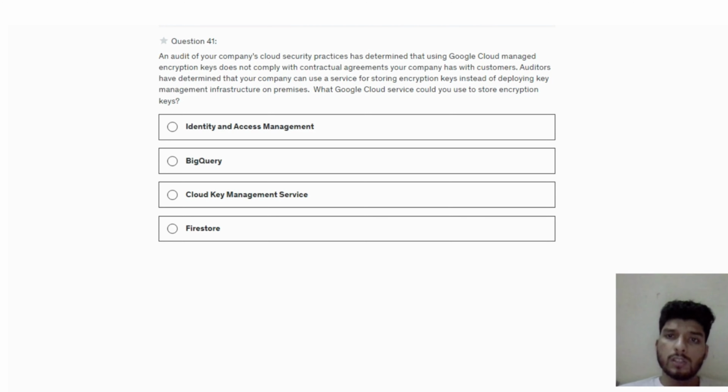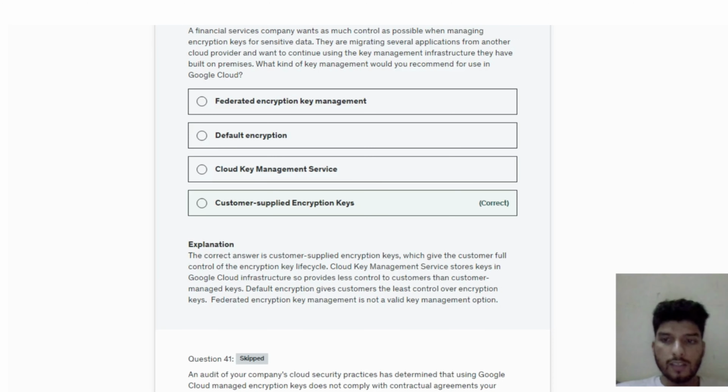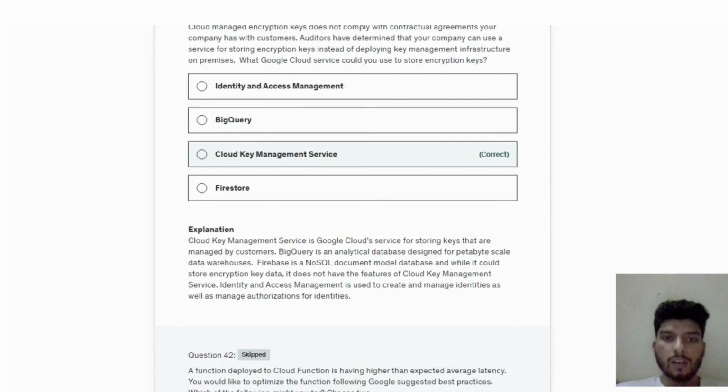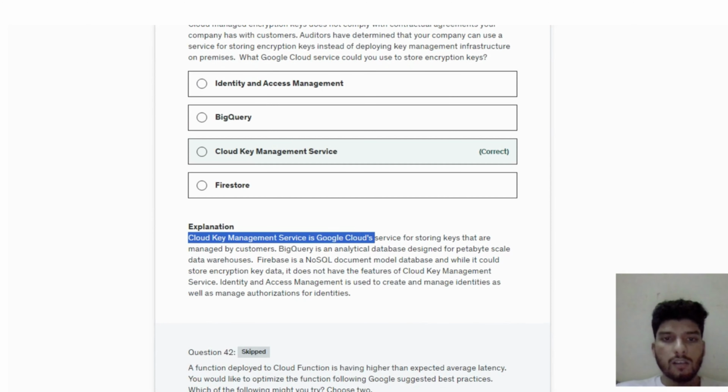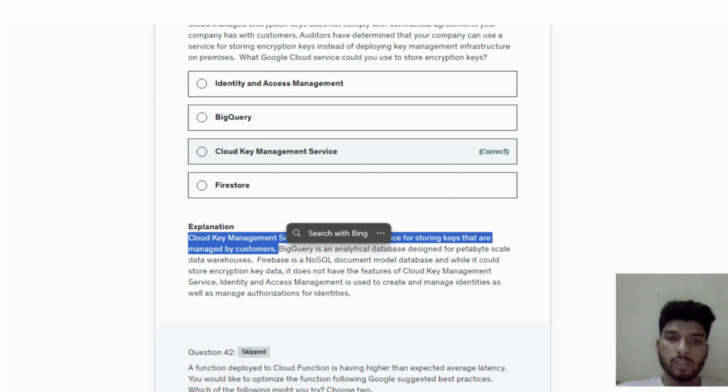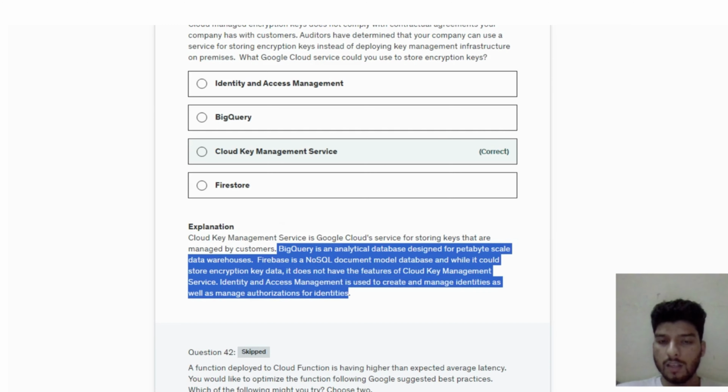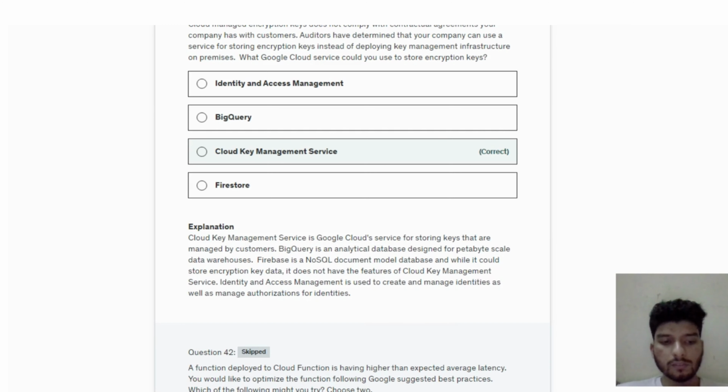So which Google Cloud service could you use to store the encryption key? Here are the four options. You have to select the right one. The right answer is Google Cloud Key Management Service. And here's the explanation: Cloud Key Management Service is used for storing the key data managed for customers by the customer. And here's the other incorrect answer explanation.